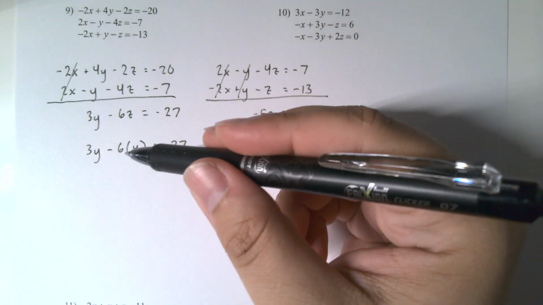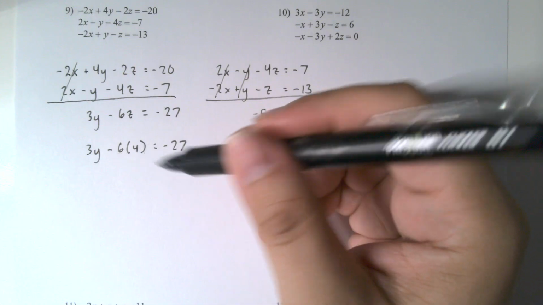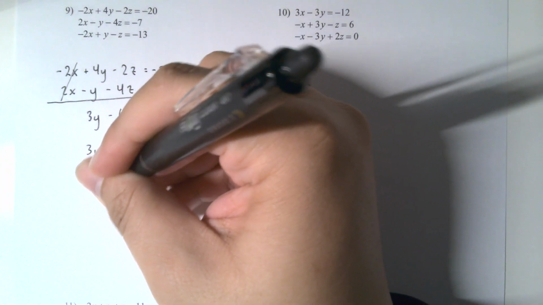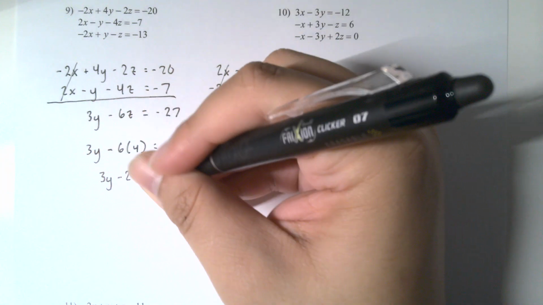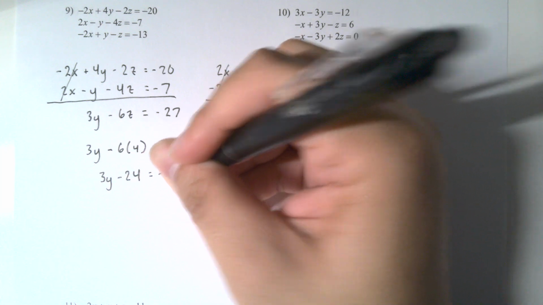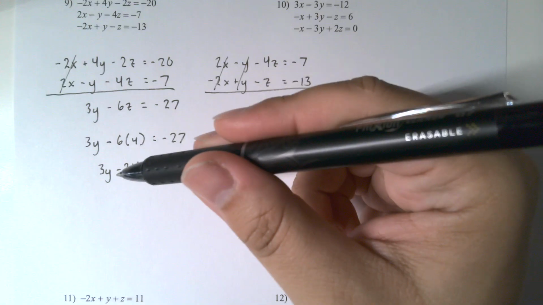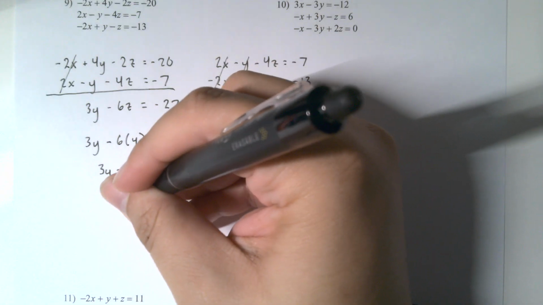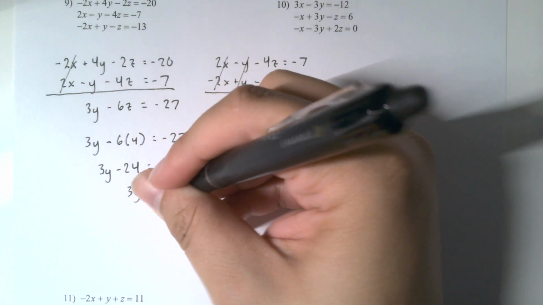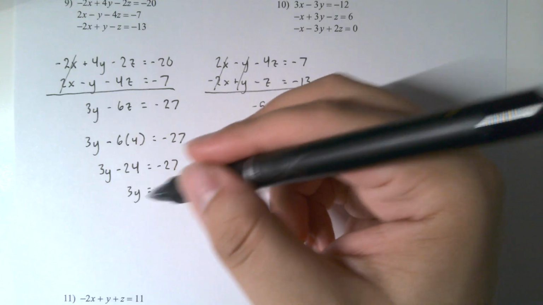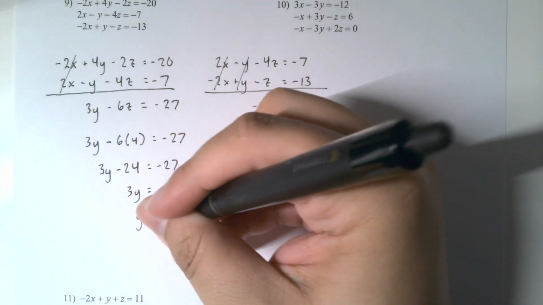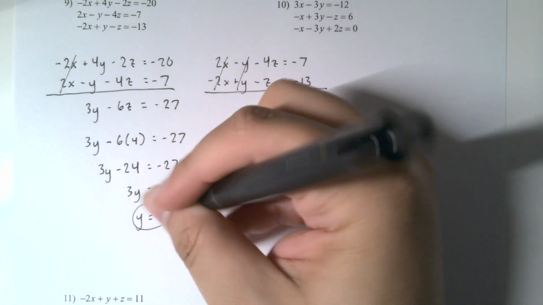If we do negative 6 times 4, that's going to be negative 24, so we have 3y minus 24 is equal to negative 27. And if we add 24 to both sides, because we're still trying to get y by itself, we're going to get 3y is equal to negative 3. And sure enough, if we divide by 3 on both sides, we'll get y is equal to negative 1.